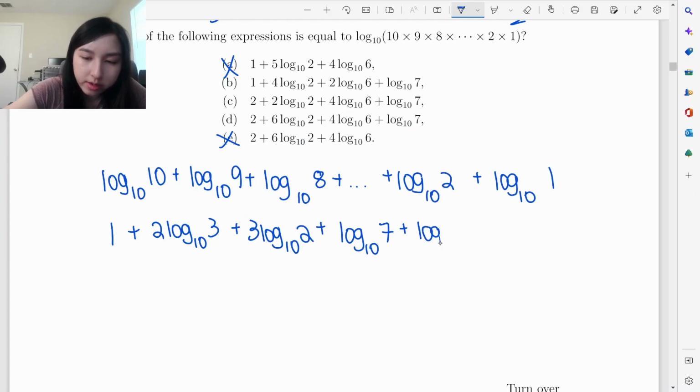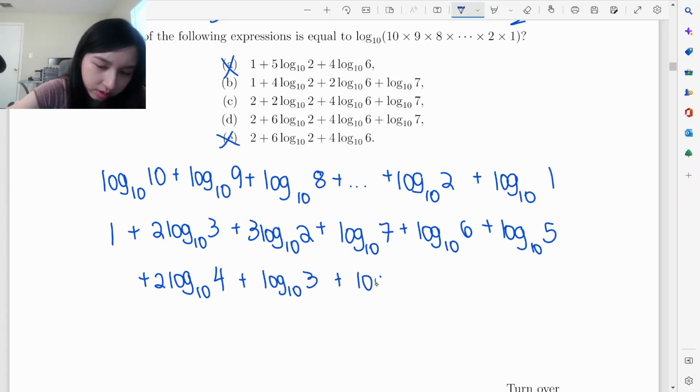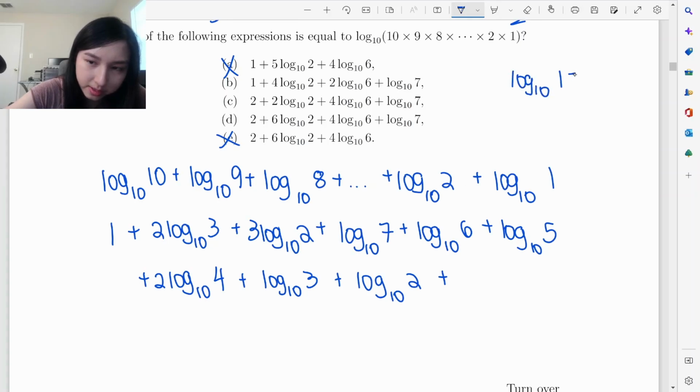You can't really break down 6, log 10 6, plus log 10 5 plus log 10 2 plus 2 log 10 4, log 10 3, log 10 2, and well, log 10 1 is, my gosh, I can't remember my basic rules, plus 0.